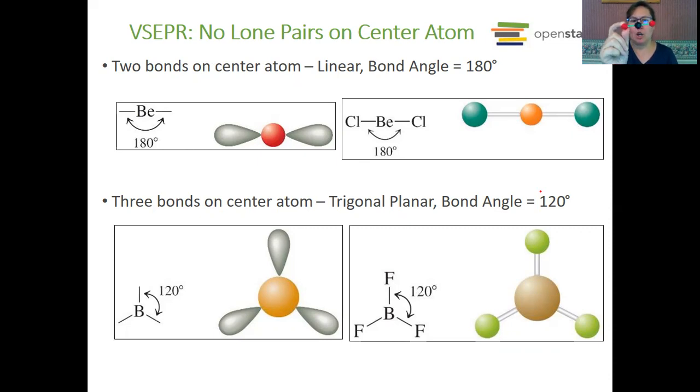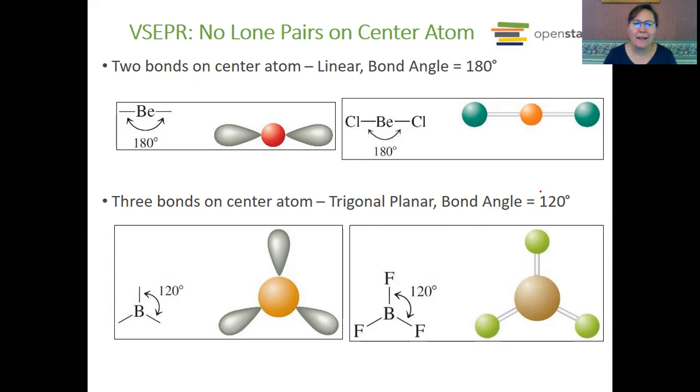So we've got beryllium chloride here as an example. And here's another example of no lone pairs and linear. This picture looks like carbon dioxide, and you can see the double bonds there. Again, linear because there's no lone pairs on that central atom.